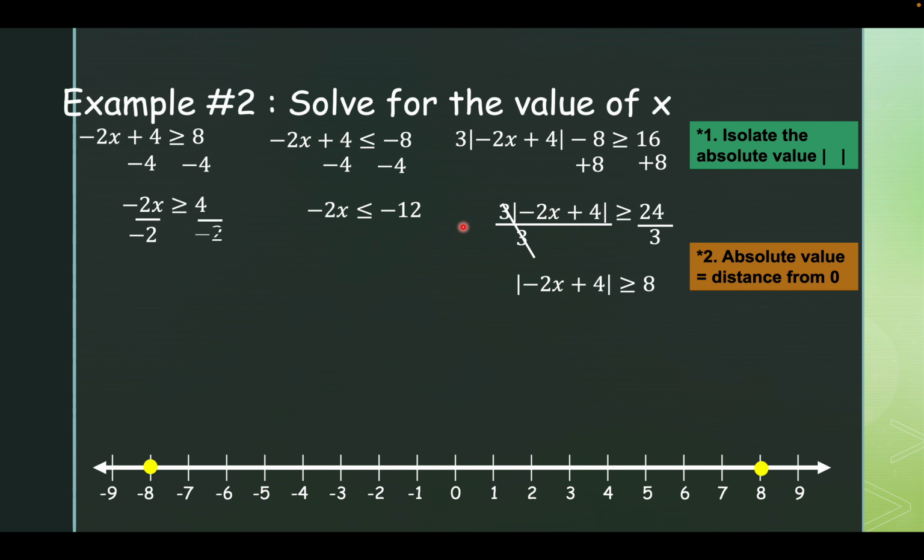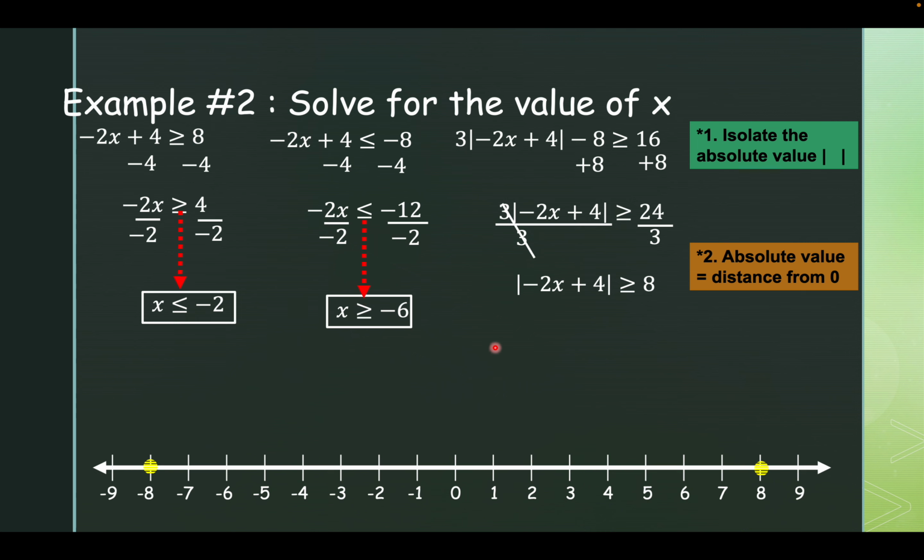Divide by negative 2 on both sides. And we would have x is less than or equal to negative 2, and x is greater than or equal to negative 6. Notice, when we divide by the negative number, the inequalities flipped directions.